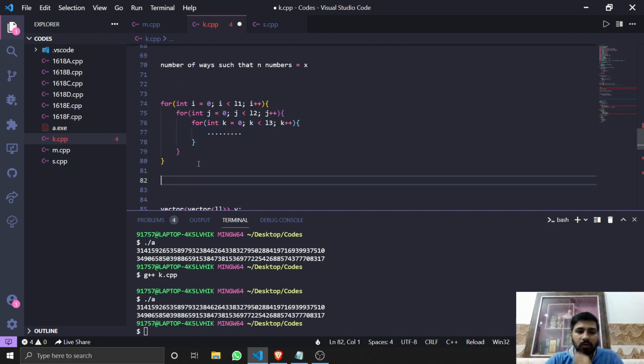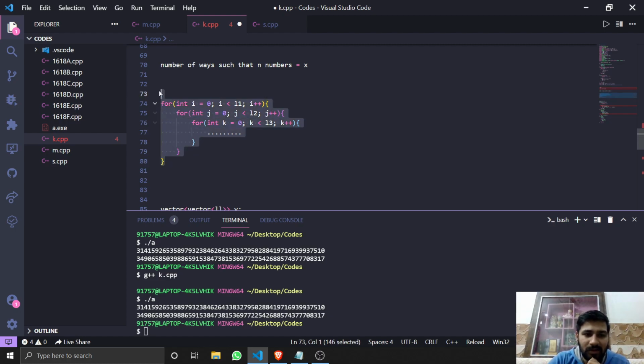If you look at this loop and observe it, you will see that it is just the brute force solution. But here another factor is also coming in: the number of bags that we have.